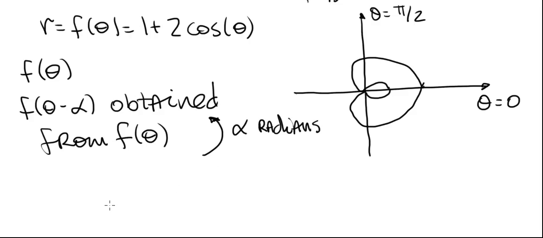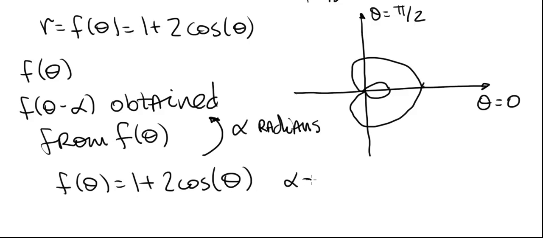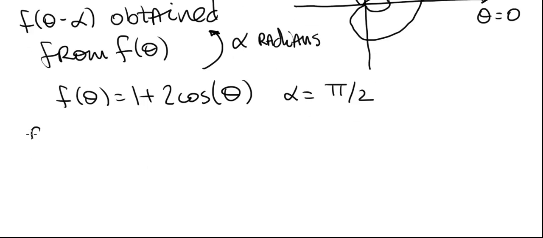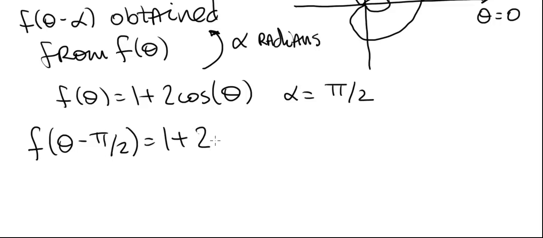And so let's take a look at f of theta equal to 1 plus 2 cosine of theta, and let alpha equal pi over 2, or 90 degrees. So what does f of theta minus pi over 2 look like? Well, this is 1 plus 2 times cosine of theta minus pi over 2.